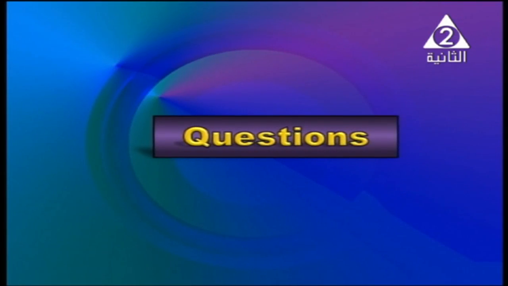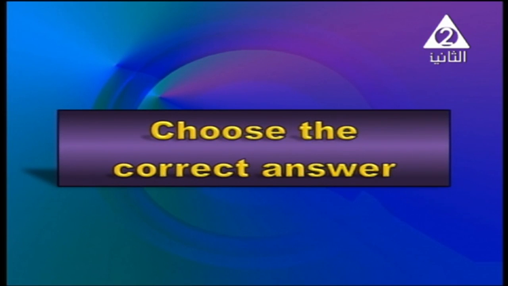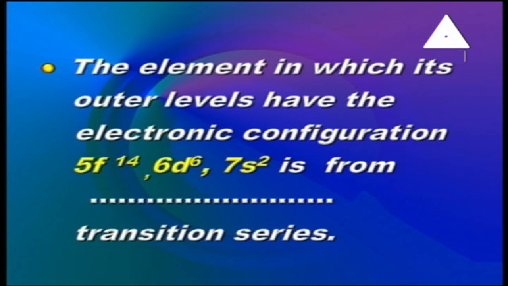Now we are going to discuss questions. The first type of question is choose the correct answer. The element in which the outer levels have the electronic configuration 5f14, 6d6, 7s2 is from what type of transition series?